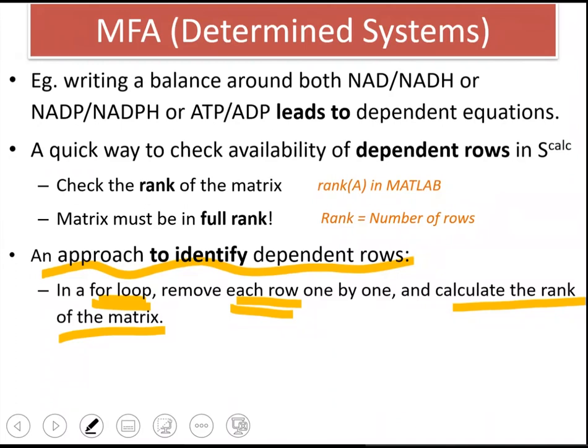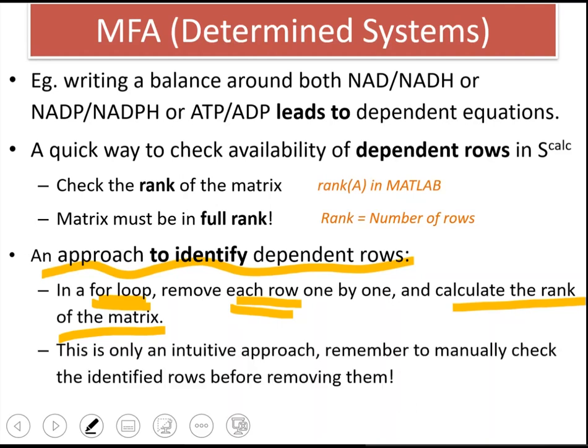If you remove a row from your matrix, and when you calculate the rank of the matrix, you still get the same number you had calculated before removal of this row, this means that the removed row is a dependent row. So this is one approach to identify dependent rows in your matrix if your approach is MFA, solving the unknowns by using the determined systems approach.